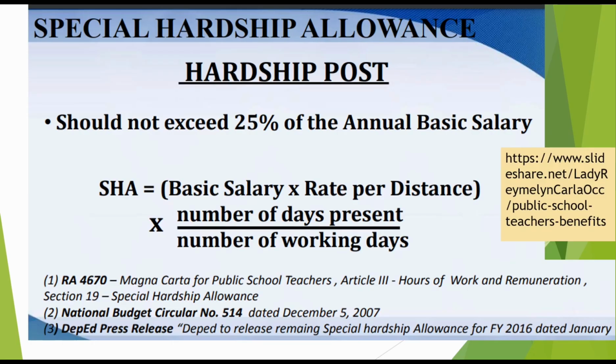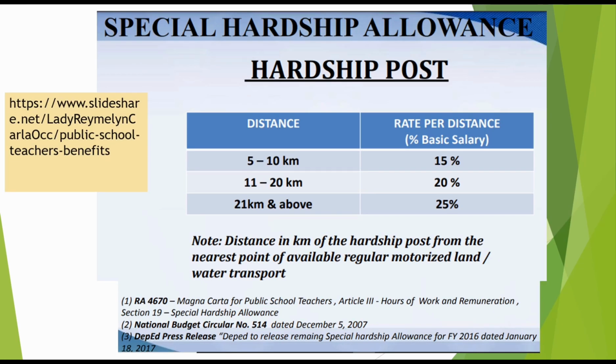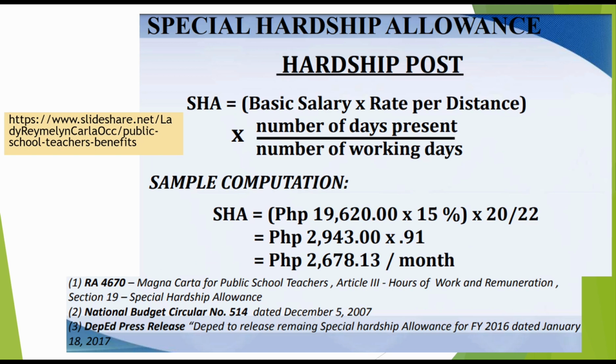So class, under special hardship allowance, this is the computation. In this manner, we are considering the rate per distance. And this is the rate per distance. If you are traveling 5 to 10 kilometers, then the rate of that is only 15% of your basic salary. Example, if your basic salary is 9,620, multiply it by 15%, if you are traveling 5 to 10 kilometers.